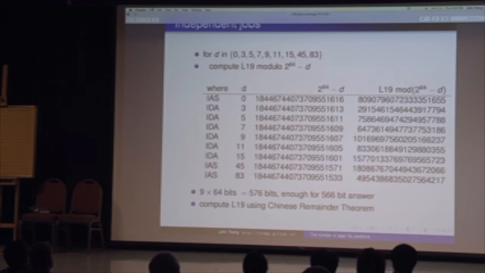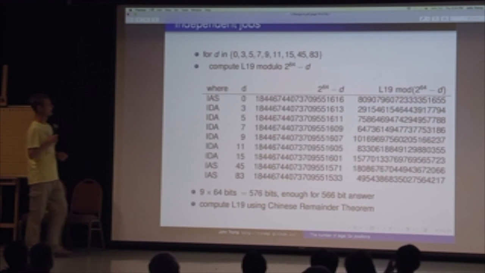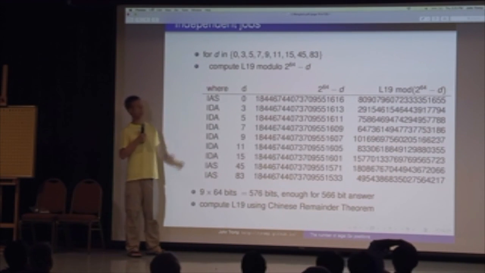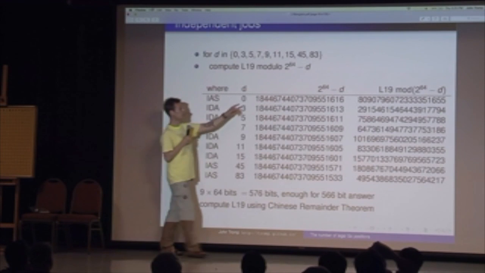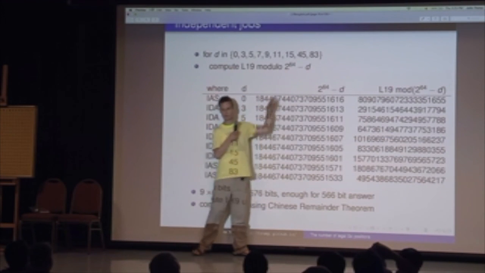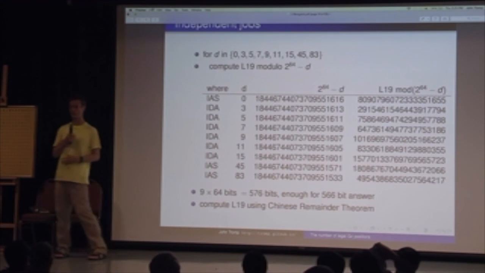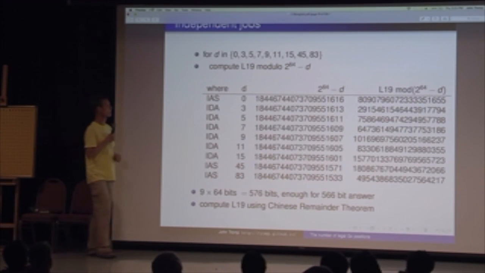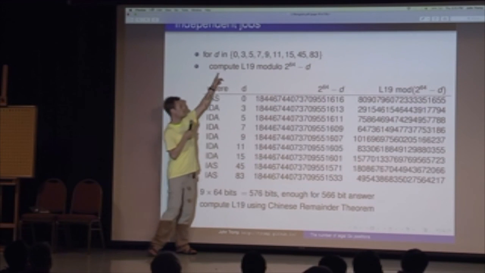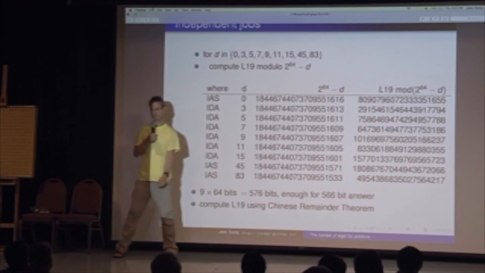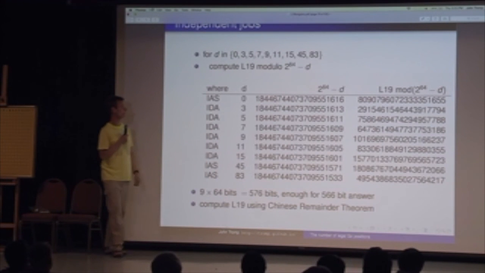So here's the top level approach of what we do. We pick a bunch of different small numbers, which we're going to subtract from 2 to the 64, because our computers like to compute with 64-bit numbers. And I'm going to compute the number of Go positions modulo each of those, 2 to the 64 minus a small number.